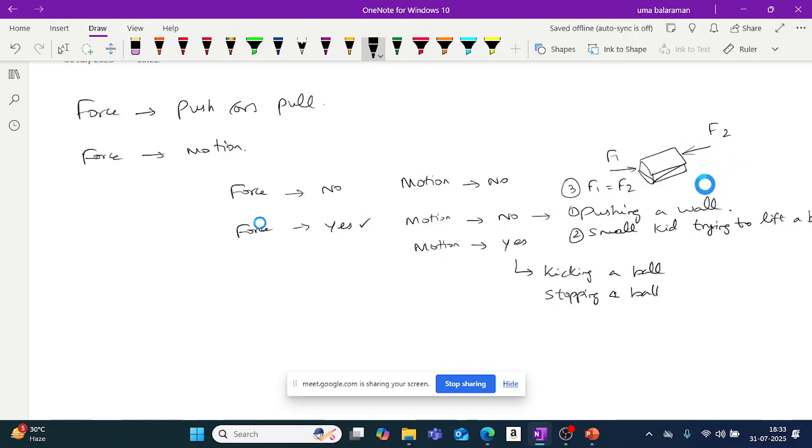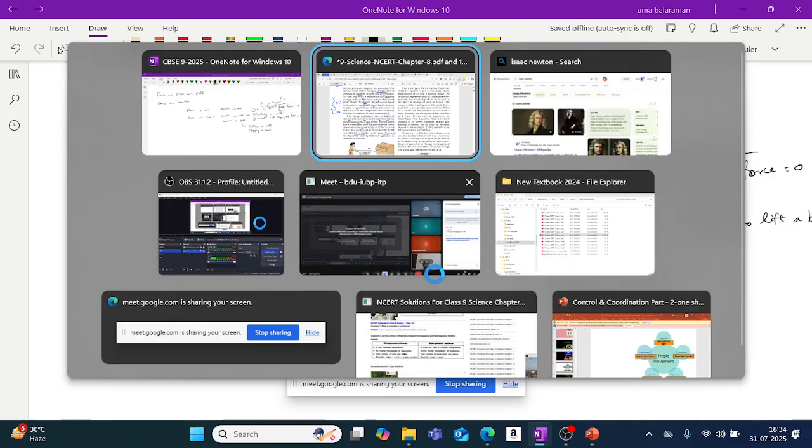Here, net force is zero. It is not necessary that only one force is acting on a body. Multiple forces are acting. Net force is zero, so no movement. If force is applied, then motion is also there. That means you can start a stationary object or you can stop a moving object. Both can be examples of this.